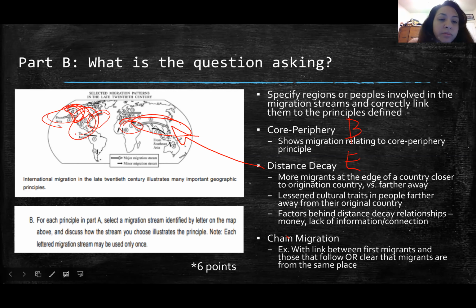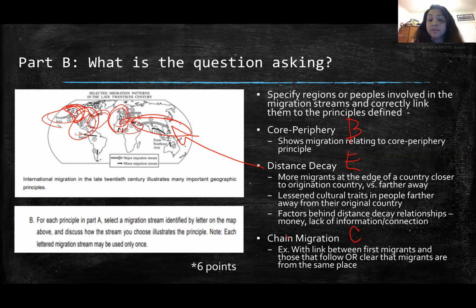So a really good one would be, I think this is letter C right here, from Northern Africa into Southern Europe. You have a high prevalence of people that follow Islam, and that comes from that Northern African area. France, for example, has the largest population of Muslim people in Europe. And that's because of that migration stream that you see in letter C.